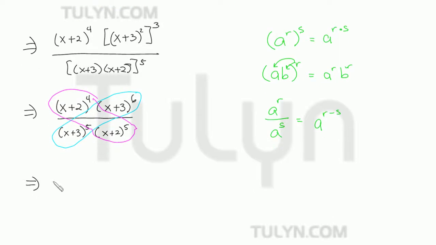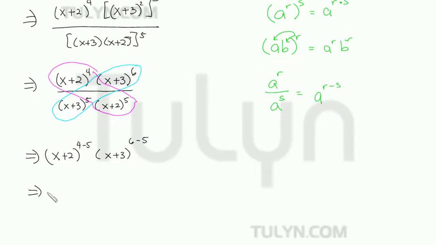Rewriting, this becomes (x + 2) with exponent 4 minus 5, and (x + 3) with exponent 6 minus 5. Doing these simple subtractions, we get (x + 2)^(-1) and (x + 3)^1.